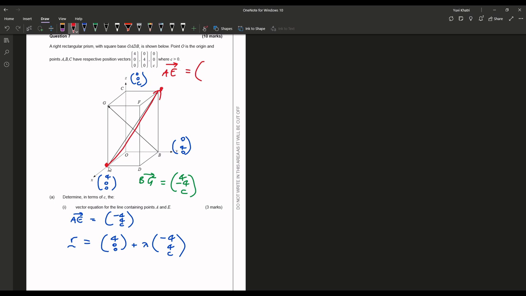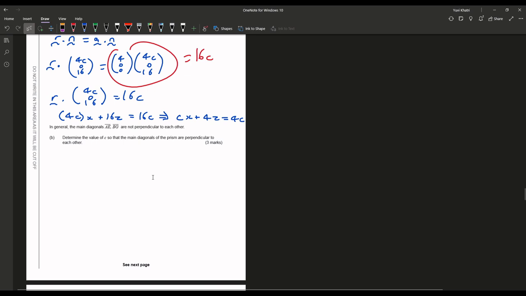You've gone 4 units in the y direction, negative 4 units in the x direction, and then c units up. So let's write that. AE equals (-4, 4, c), and BG equals (4, -4, c).